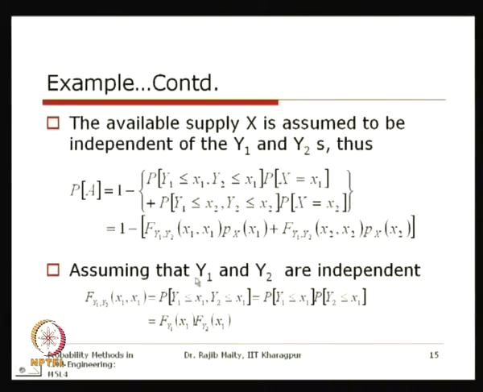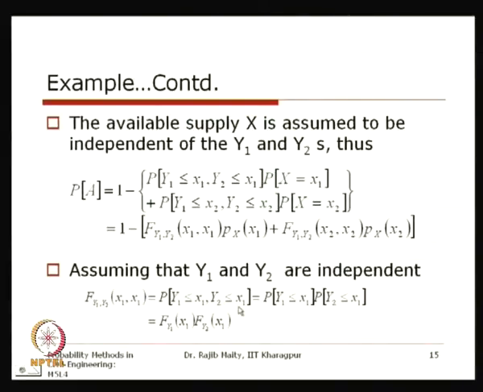Now, if we assume that y1 and y2 are also independent, y1 and y2 independent means that the demand during 7 am to 8 am and the demand between 8 am to 9 am are independent. Then we can write this cumulative distribution, here explained for the case of x1, as the probability of y1 less than x1 and the probability of y2 less than x2.